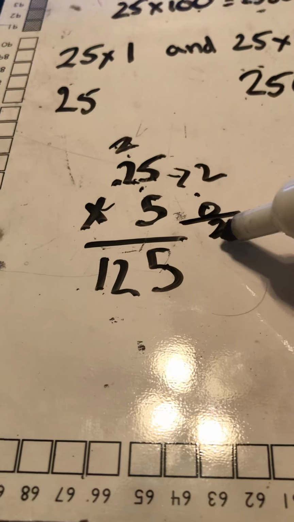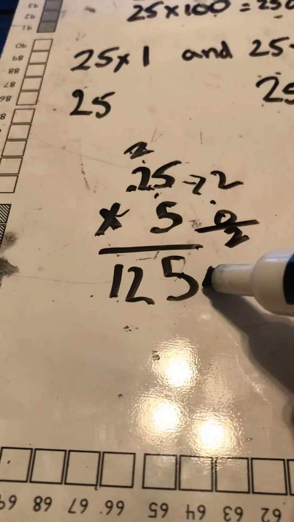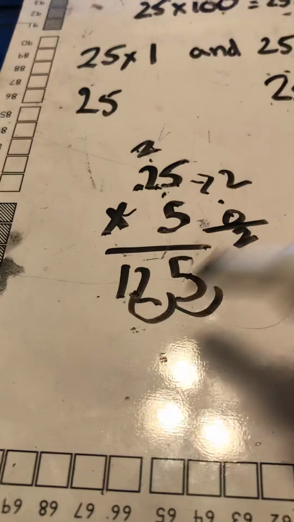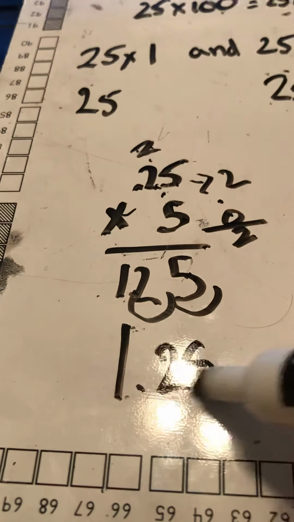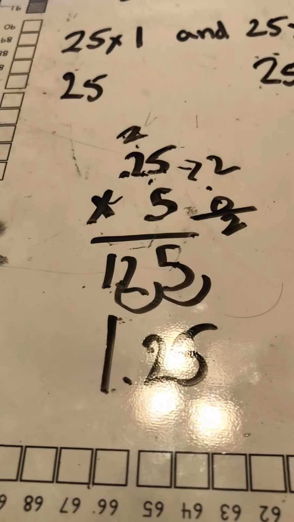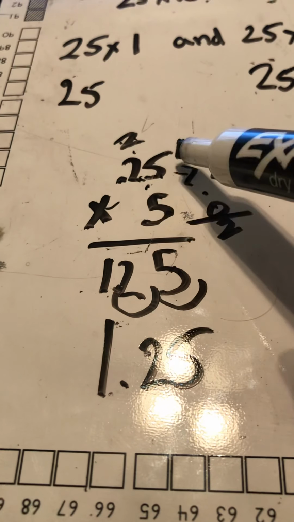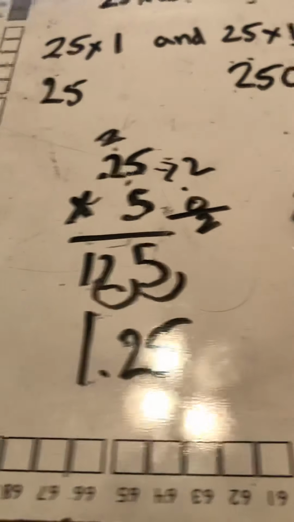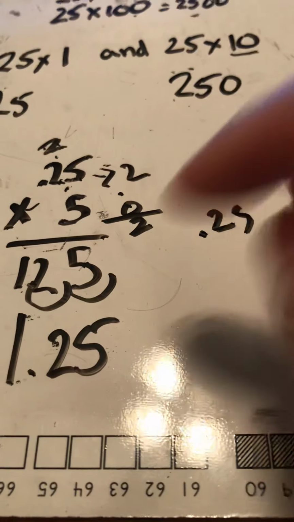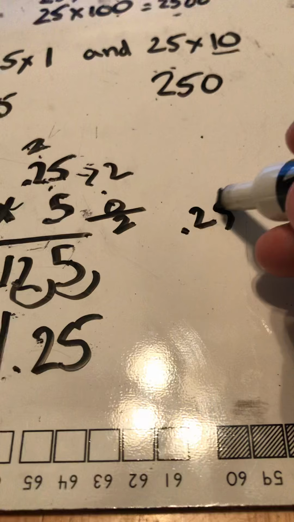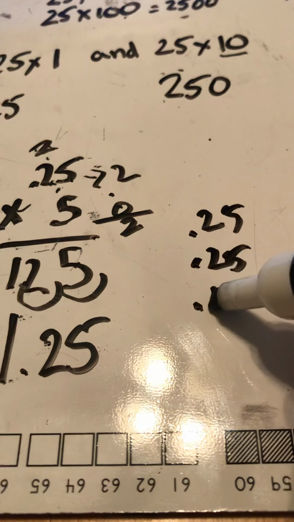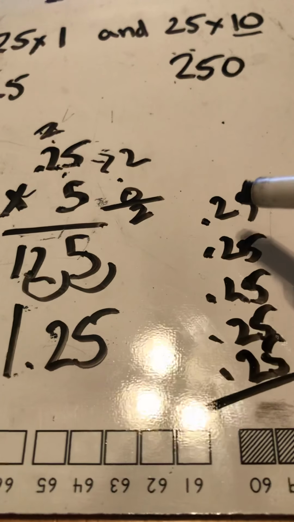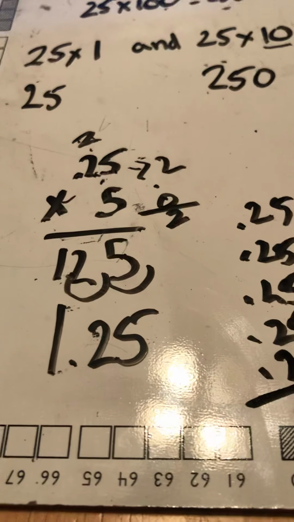So there are 2 digits altogether behind the decimal, and we're going to start here and go 1, 2. So our answer is going to be 1 and 25 hundredths. Remember, we did 25 hundredths times 5. And if you sat here and added 25 hundredths plus 25 hundredths plus 25 hundredths, you would get the same answer. You'd get this 1 and 25 hundredths.